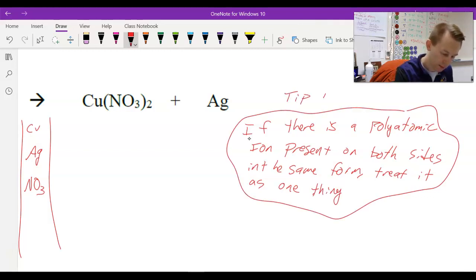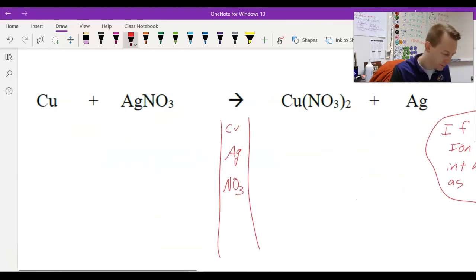Tip number 1: if there's a polyatomic ion present on both sides in the same form, treat it like it's one thing. So here's what that looks like.